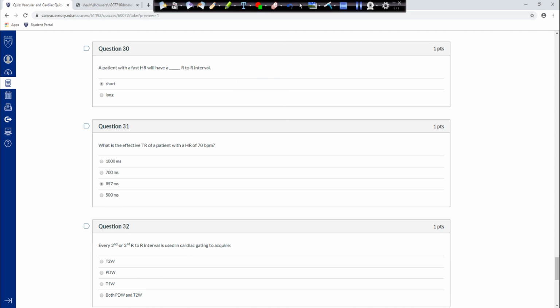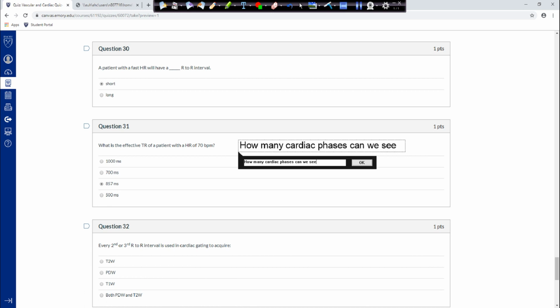So once again, if a question asks, how many cardiac phases can we see with 70 BPM, and TR 25 milliseconds?